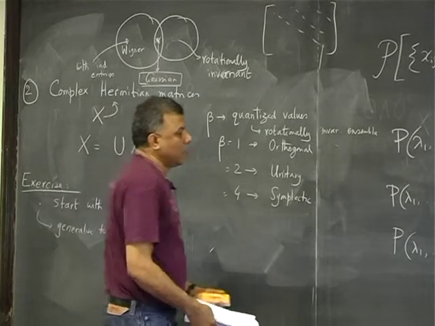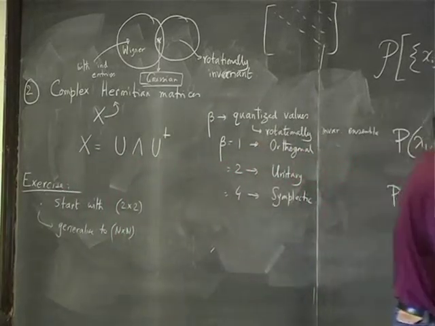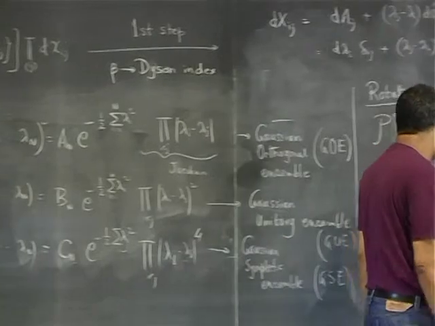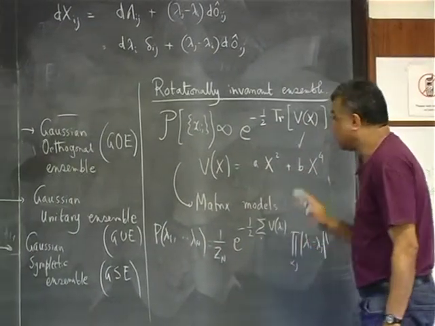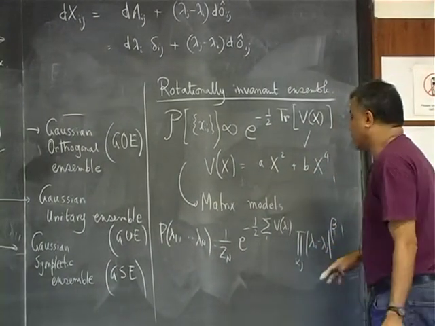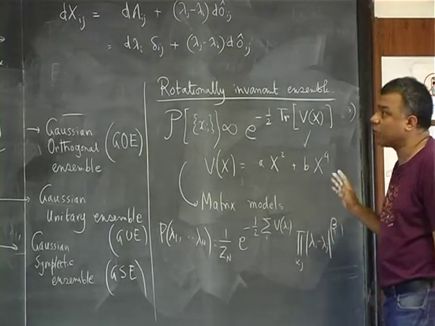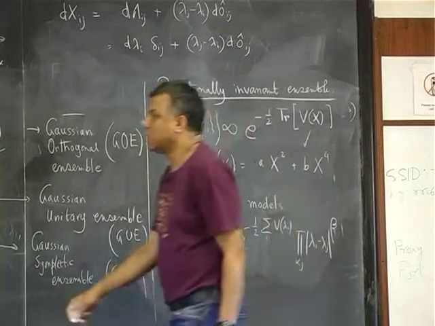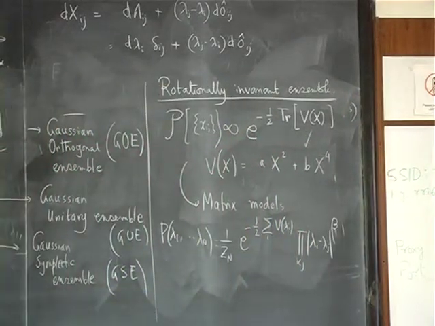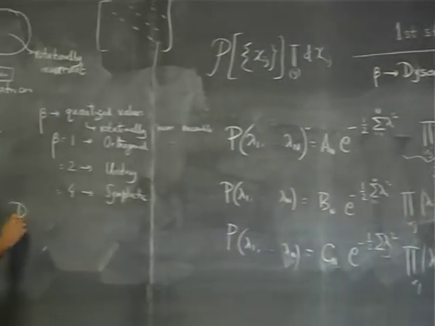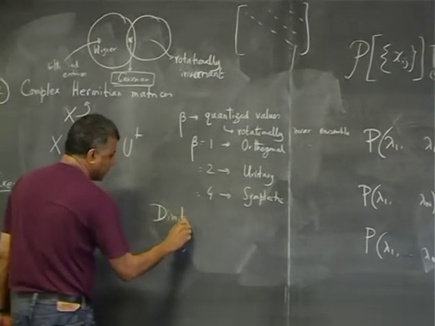Now, you might ask, is it possible to obtain other values of beta for some ensemble? The answer is yes, not for rotational invariant ensembles, but there is a very special type of matrices called the Dumitriu-Edelman matrices. Maybe if I have time, I'll talk about that later. This is a very recent work actually.